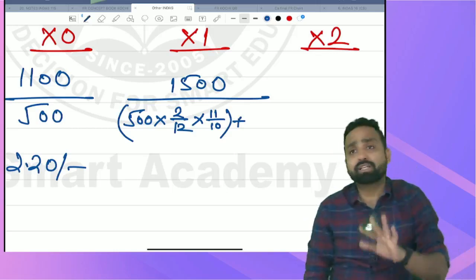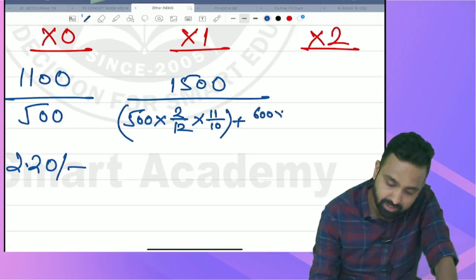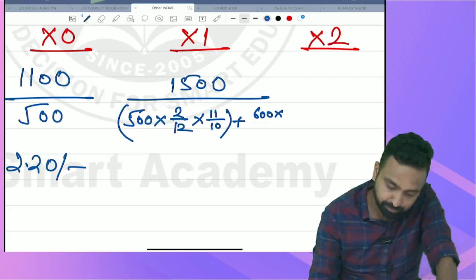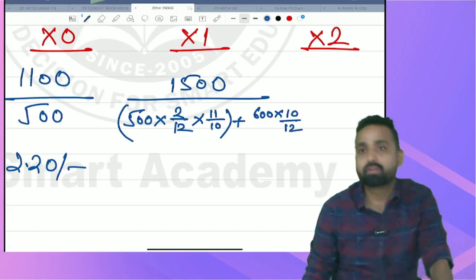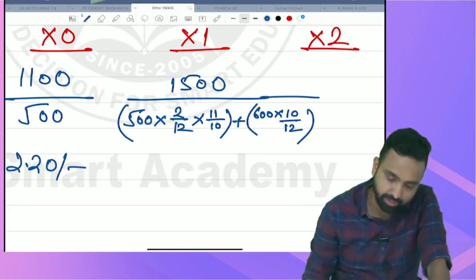600. Guys, I am just following the same formula. Number of shares after the rights issue? 600. Multiply by the cumulative time weight. Now it becomes 10 by 12, from March onwards to December. Okay, now tell.